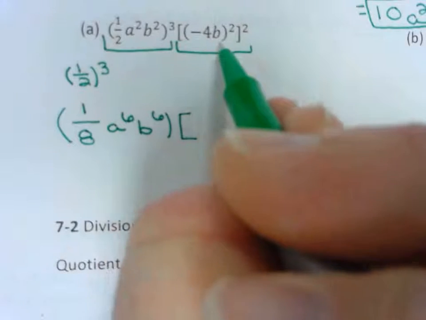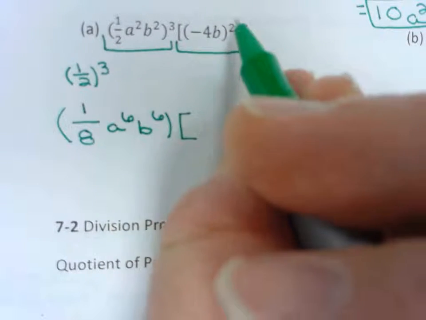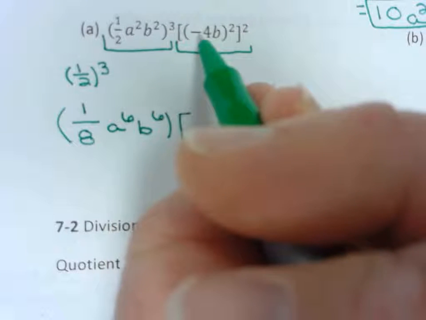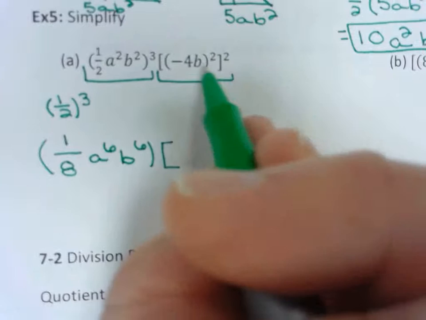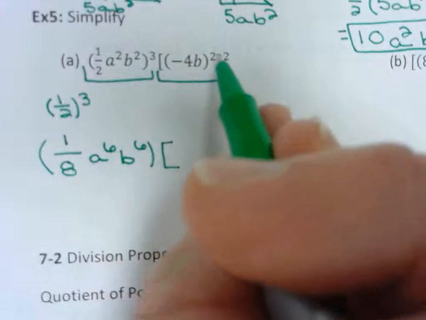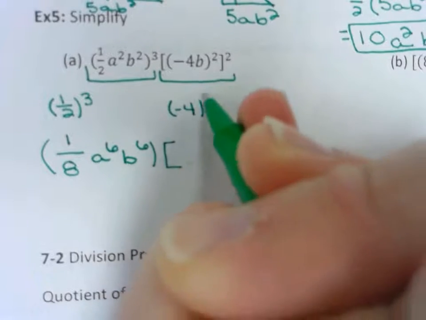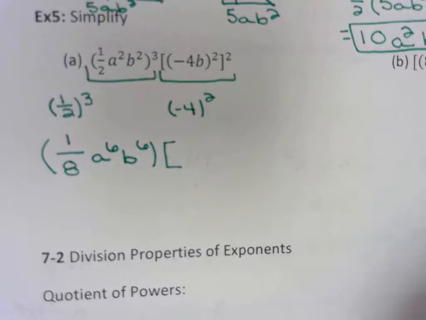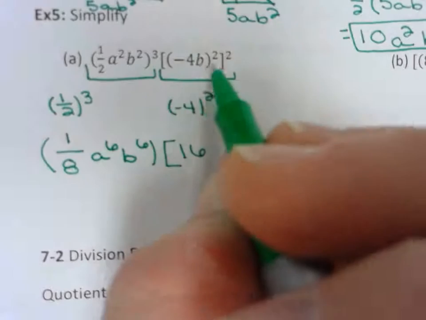Okay, my second part here, we're going to deal with my inside part first. You always start with the inside part. So I have negative 4b, and that's all squared. So let's try this. What is negative 4 squared? Do your whole number. What is negative 4 squared? I heard it, Caleb. What was it? 16. And let's deal with my exponents.